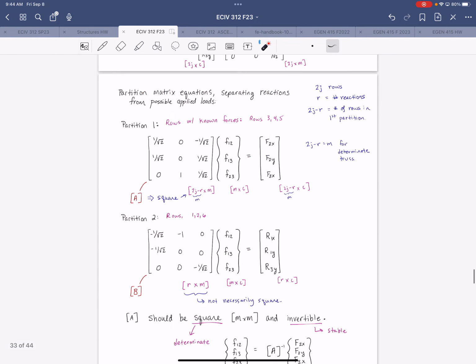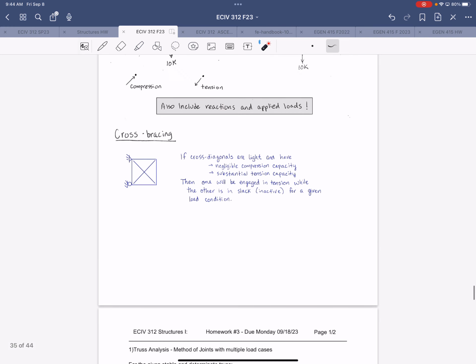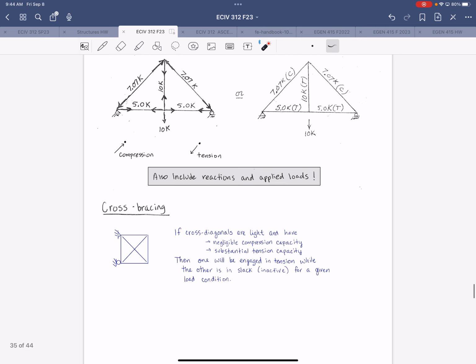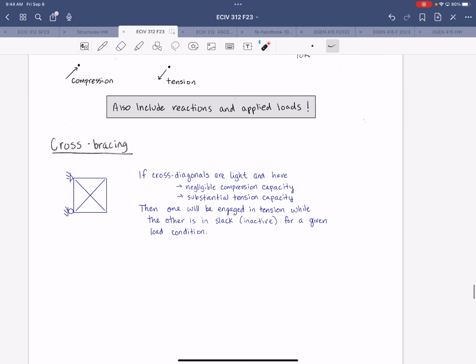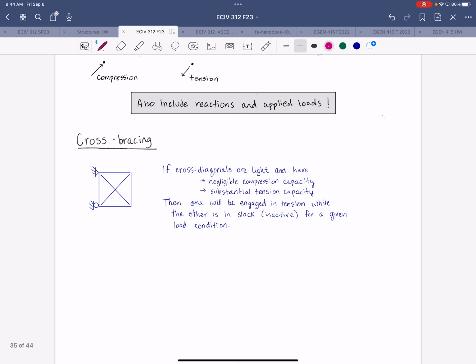All right, so with a few minutes left, we'll just touch on this cross-bracing note, and then I'll show you the homework assignment. We talked about this a little bit at the beginning of the semester.